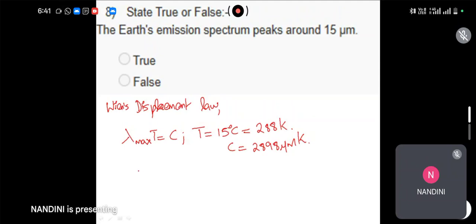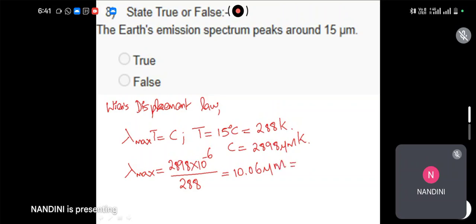So lambda max is equal to C by T, which is 2898 into 10 raised to minus 6 divided by 288. 2898 divided by 288 is around 10.06 micrometer.